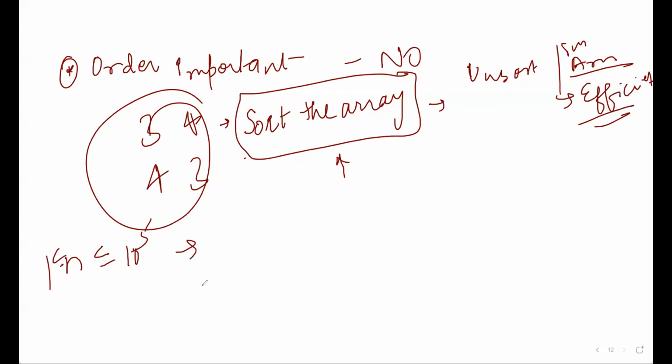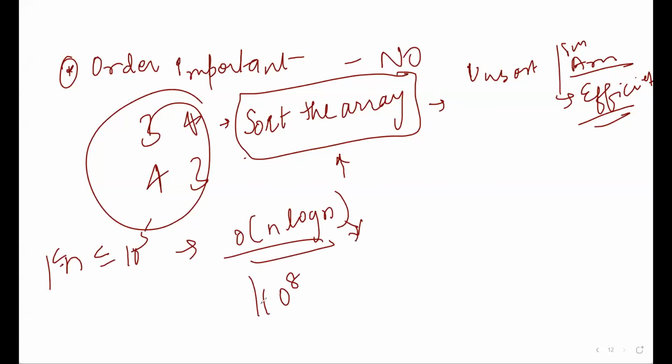So the worst time complexity allowed in this case is n log n. Now, how to find this time complexity, I hope you might know. But there is one upper bound that we consider: my program cannot have more than 10 to the power 8 operations. If my program is doing more than this number of operations, it will give me TLE.